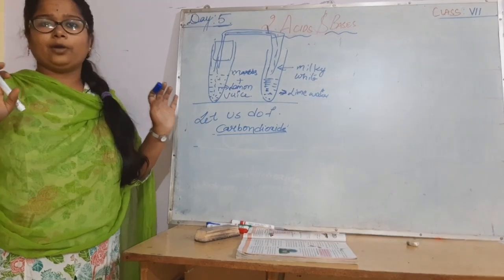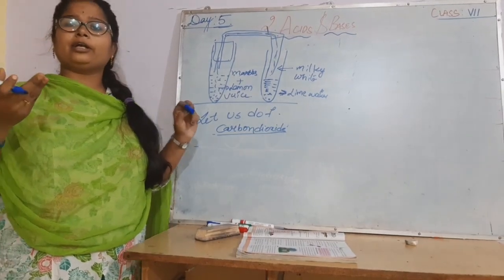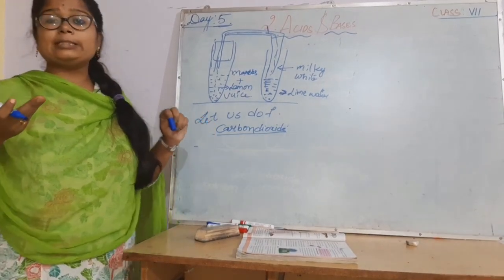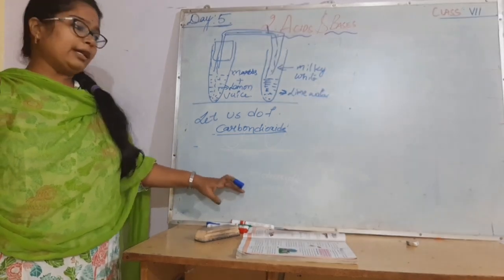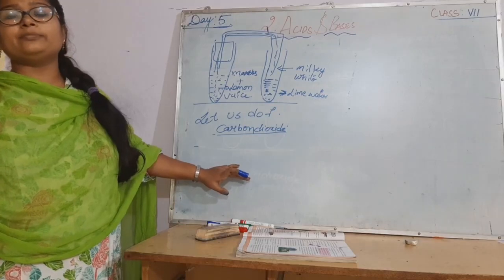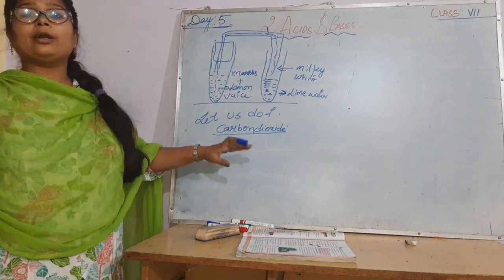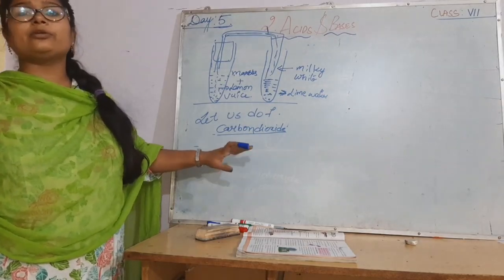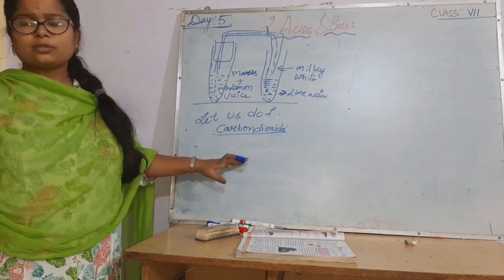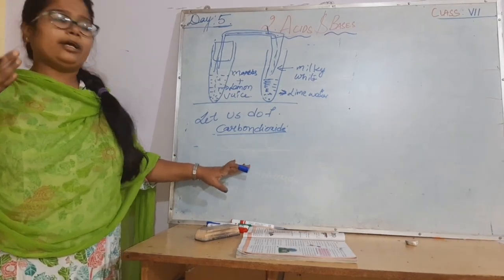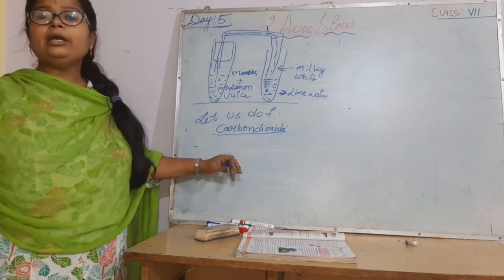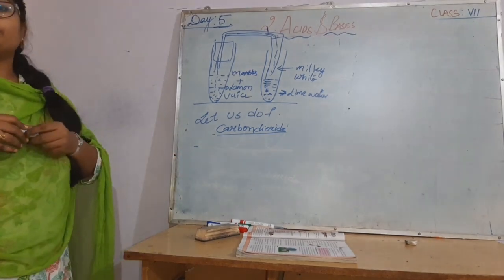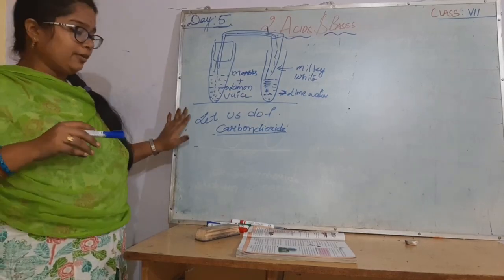And for that reason, carbon dioxide gas is used in fire extinguishers. When a fire happens in petrol bunks or in oil industries, they don't use water to stop the fire. They use carbon dioxide gas, which will cut off the oxygen supply and put off the fire. That you are going to learn with this.